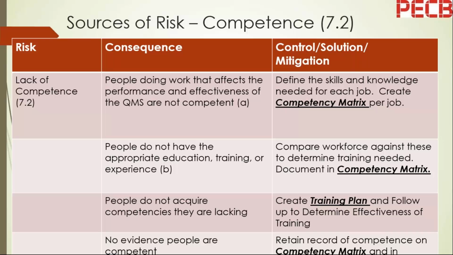If the organization needs it and wants it, they can have a business plan, but there's no requirement in the standard for a business plan. They require you to know your strategic direction. Let me give you an example of this. If you're a manufacturing facility, what is your strategic direction?